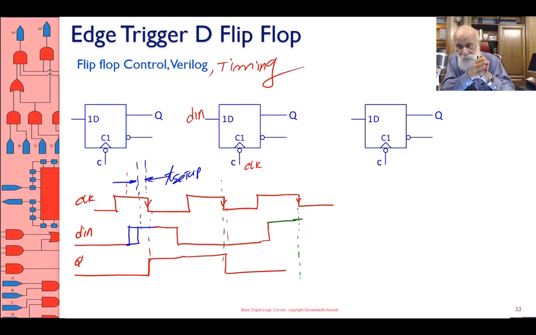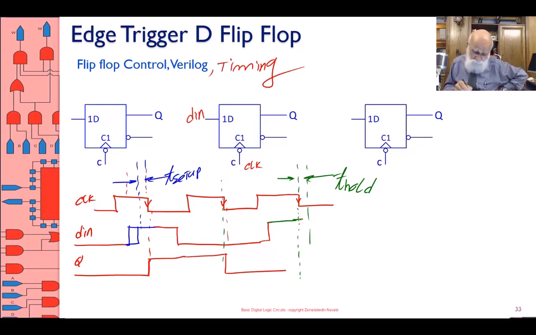Now the edge of the clock arrives. You cannot be in too much of a rush to remove the D. You have to hold the value of D for at least the amount of T hold. And therefore, the only timing that we have for the flip-flop is setup time and hold time.